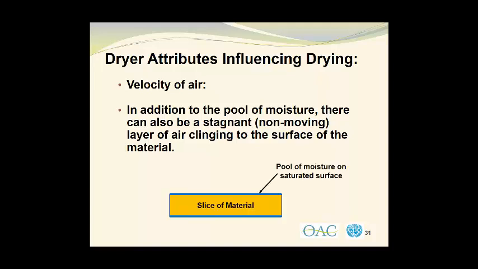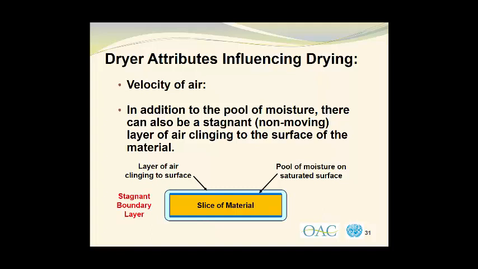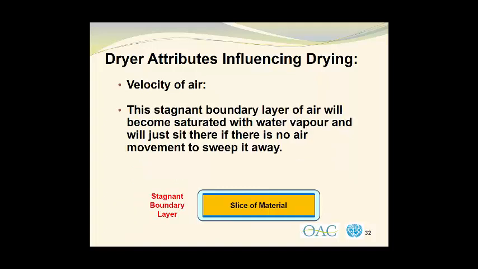So here we have that slice of material with the pool of moisture on its saturated surface. Now what we're looking at is a layer of air that clings to the surface, and we call this a stagnant boundary layer. This stagnant boundary layer of air will become saturated with water vapor, and it will just sit there if there is no air movement to sweep it away.